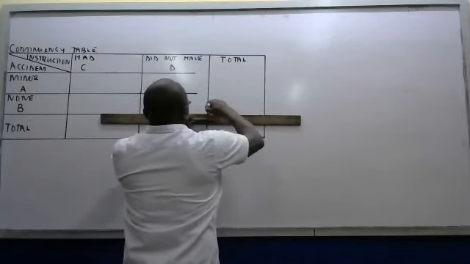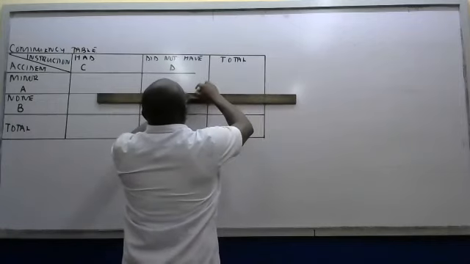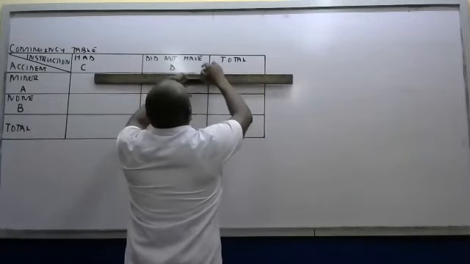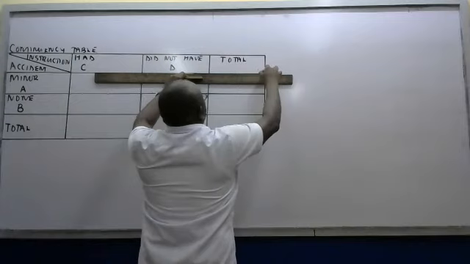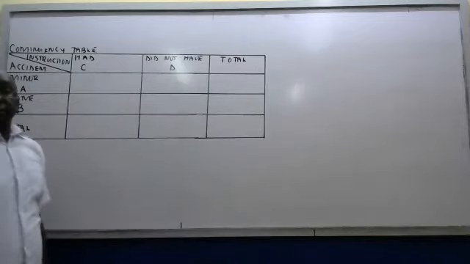So that is what we call a contingency table.